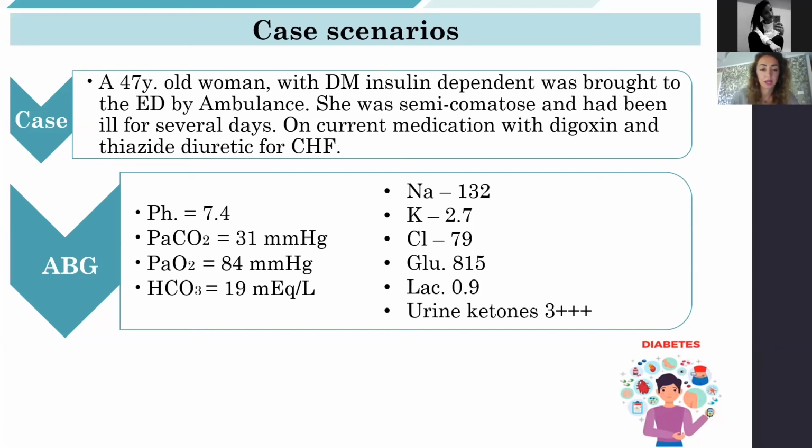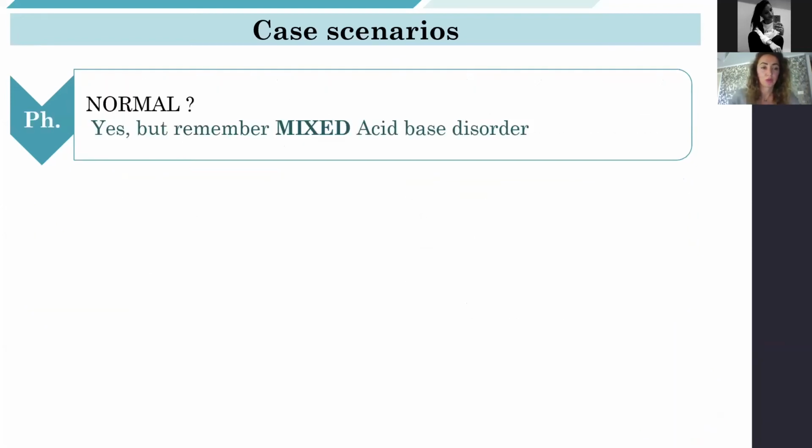Let's see the electrolytes. We have sodium, potassium, chlorides, glucose, lactate, and urine ketones. This is probably very familiar to you. So, is this normal? If we see the pH, we will say, yes, it's normal.